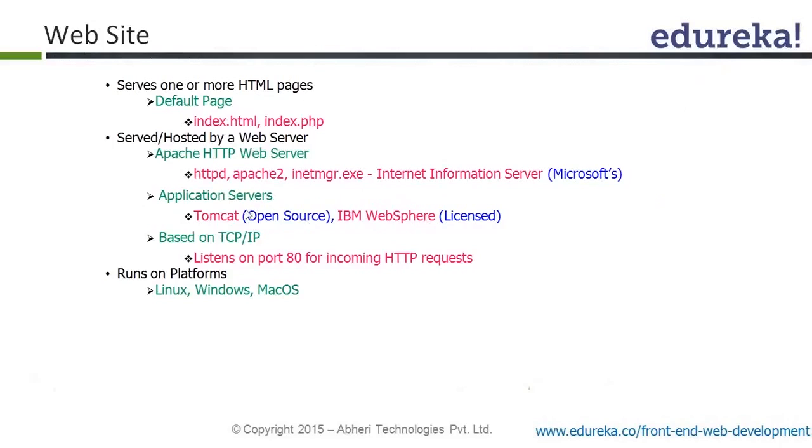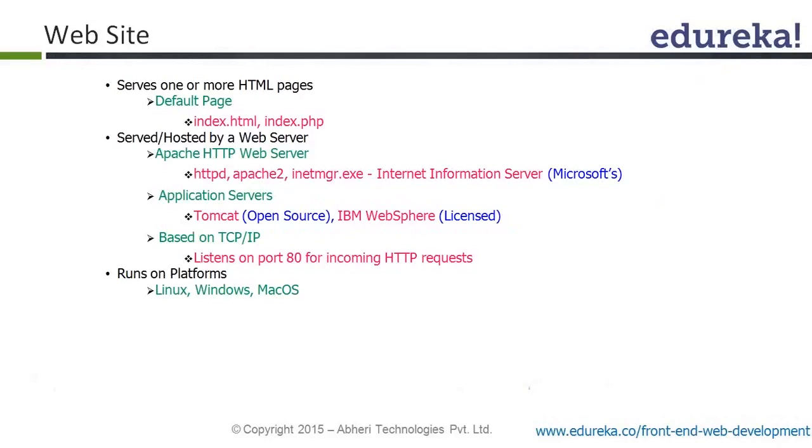Note the difference: an application server is another process in which you can write applications in Java. That's called a Java web application, and in it you can do much more complicated things which are not possible using just HTML, CSS, and JavaScript.